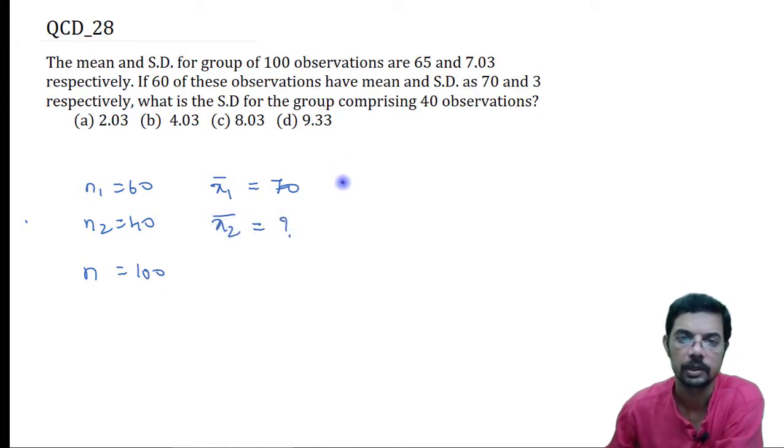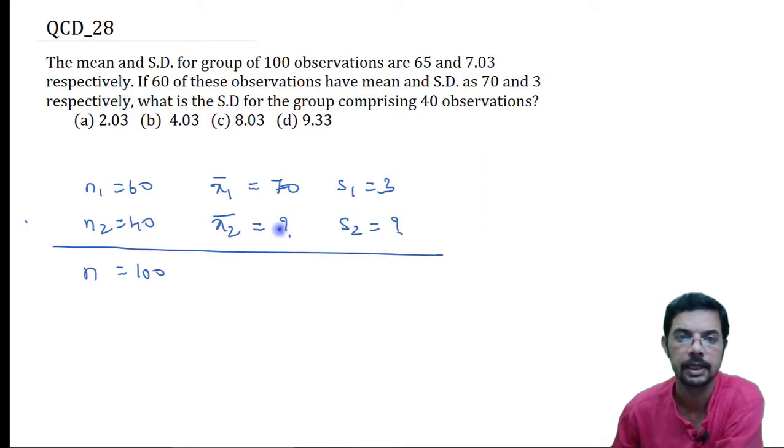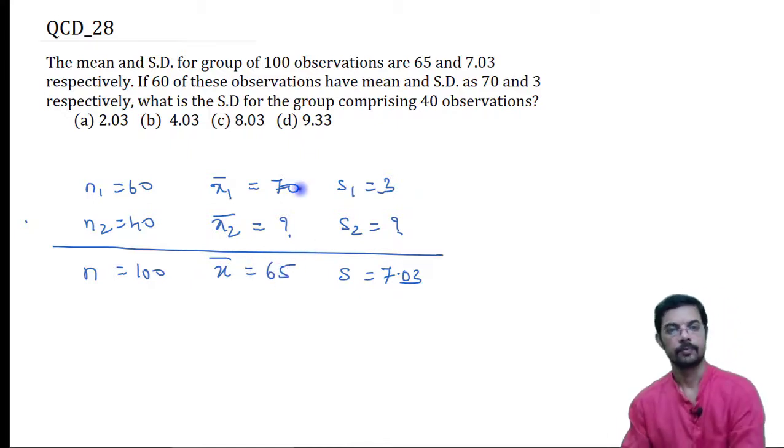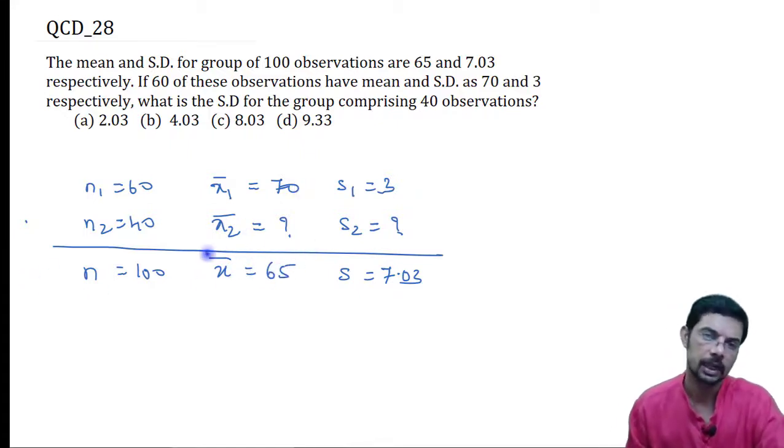S1 is equal to 3 and S2 is unknown, but we know the combined standard deviation as 7.03 and the combined mean x bar as 65. So we can reverse calculate each of the values.